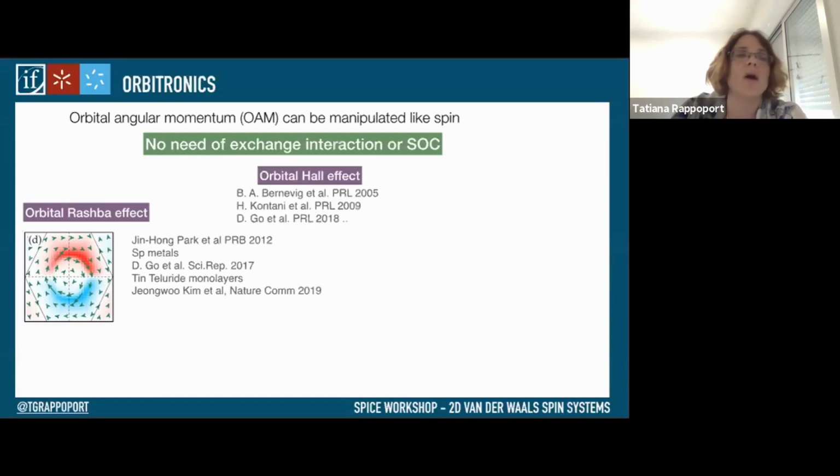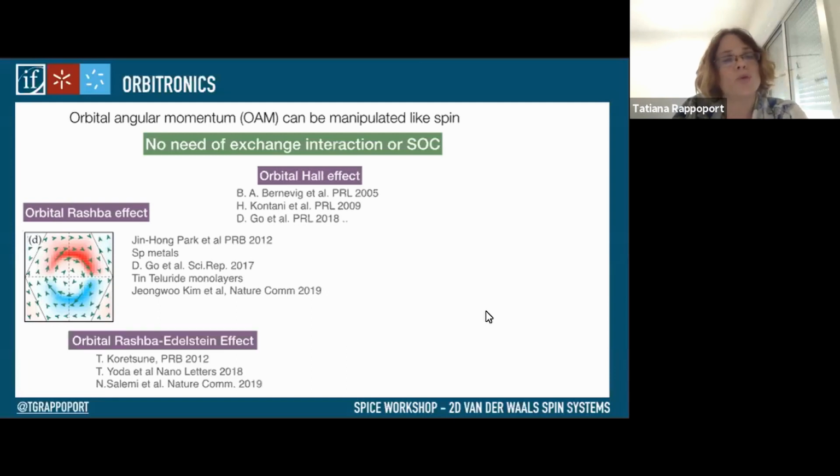So talking about orbital currents, in 2005, Bernevig and collaborators made the first proposal of the orbital Hall effect in silicon. And there were other theoretical works in 3D metallic systems. There are also some theoretical proposals for the equivalent of the Rashba-Edelstein effect for orbital angular momentum.